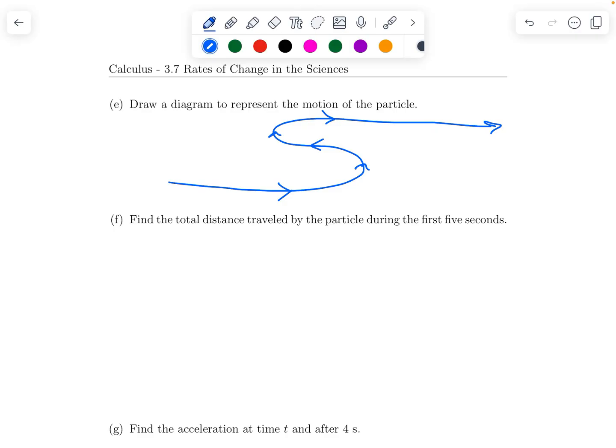All right, finding that total distance traveled. If I need to find the total distance traveled by that particle in the first 5 seconds, I can find it using my velocity function, because distance is rate times time.